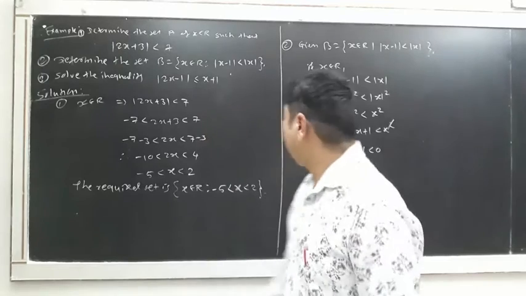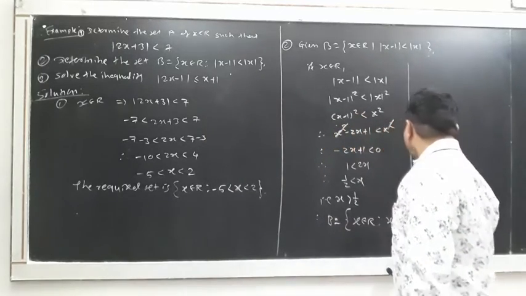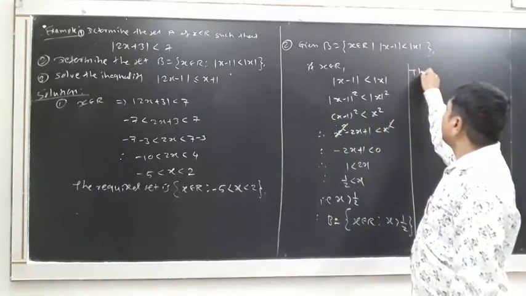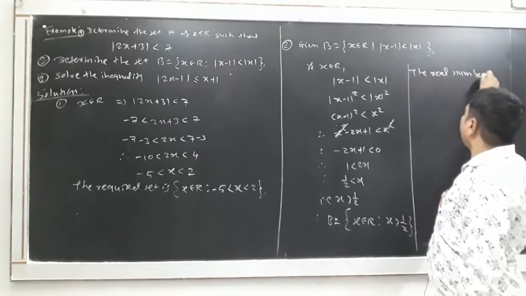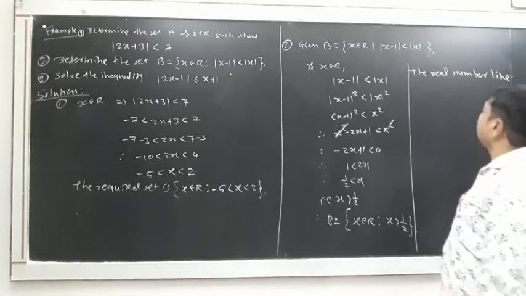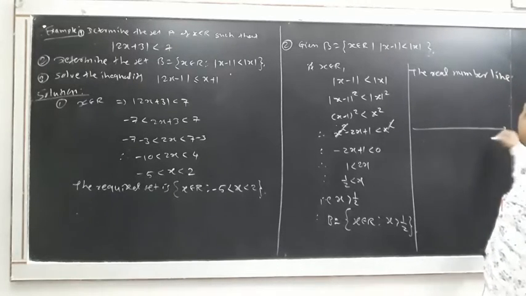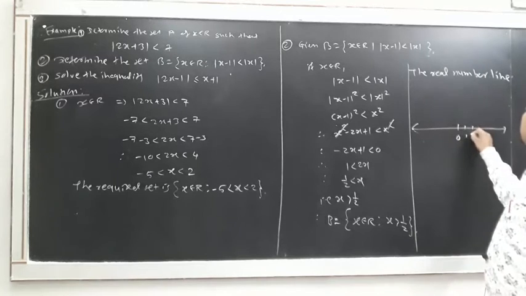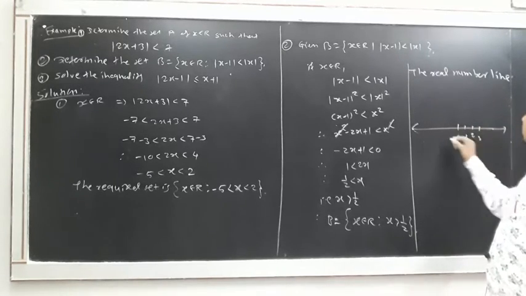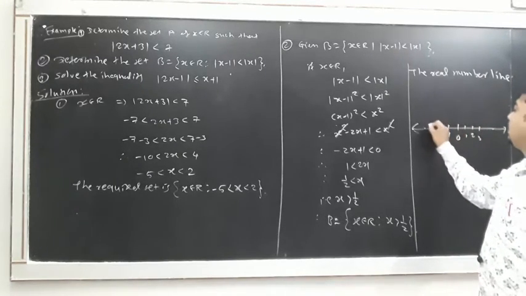Next we have to discuss the real number line. You know the real number line already. This is 0, 1, 2, 3 and so on, and there is minus 1, minus 2, minus 3.